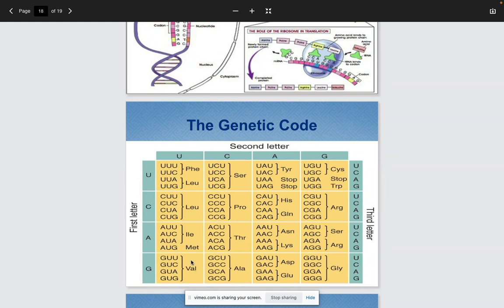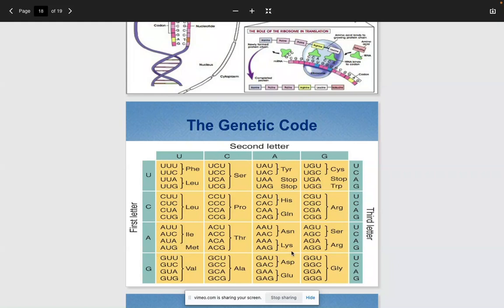So, for example, in order to start translation for protein synthesis to begin, there's only one start codon. I want you guys to know that there's only one start codon that allows translation to begin, and that is AUG.